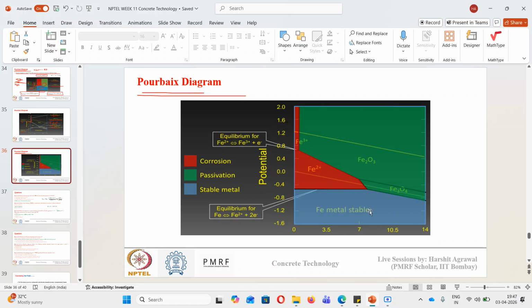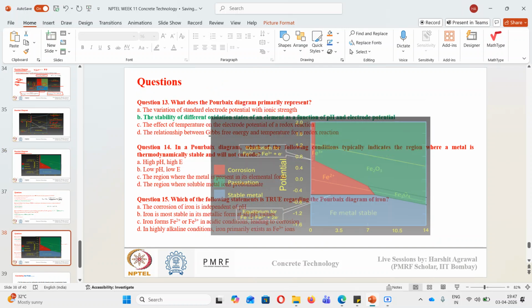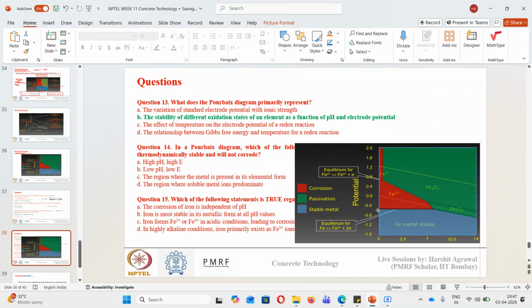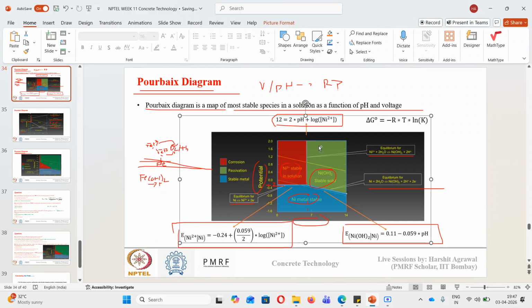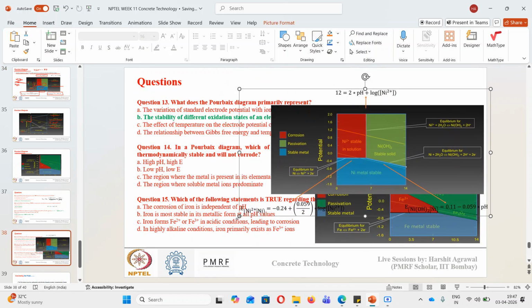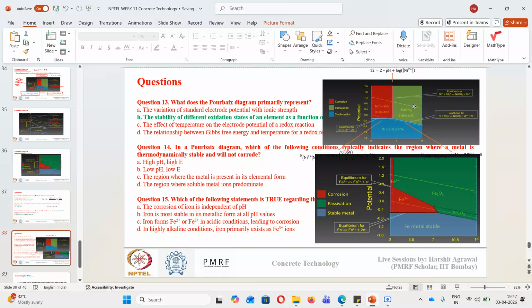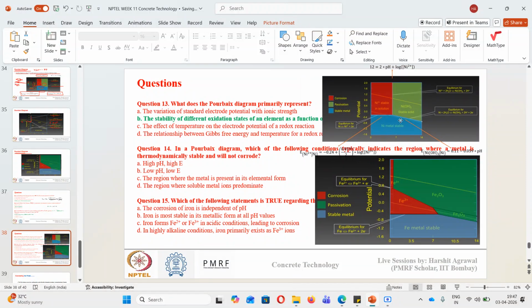If I show you the Pourbaix diagram for iron, which region is telling this? This is the Pourbaix diagram for iron, and this is the Pourbaix diagram for nickel. Can you find any similarity in both diagrams? What region is telling that the metal is thermodynamically stable and it won't corrode?